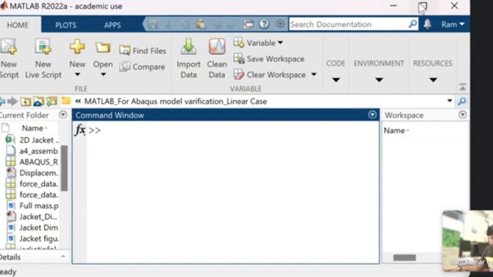So I will write one code here. We have x equal to 0 to 1, and I will take 0.1 as a step.